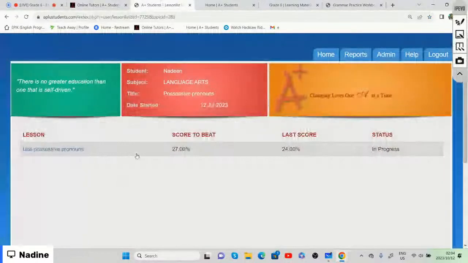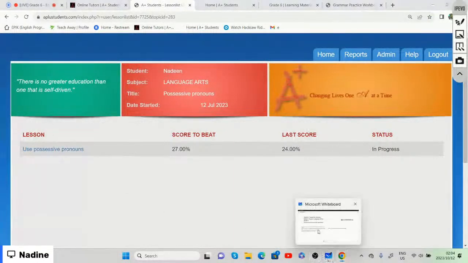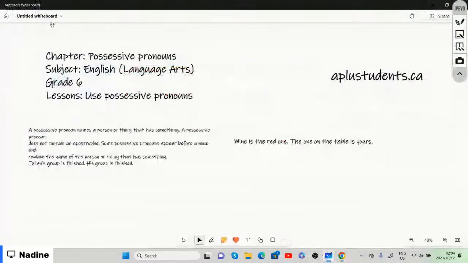So we are basically going to find out what a possessive pronoun is. Our chapter is possessive pronouns. Subject is English language arts. Our grade is grade 6. And the lesson that we are focusing on is to use possessive pronouns.